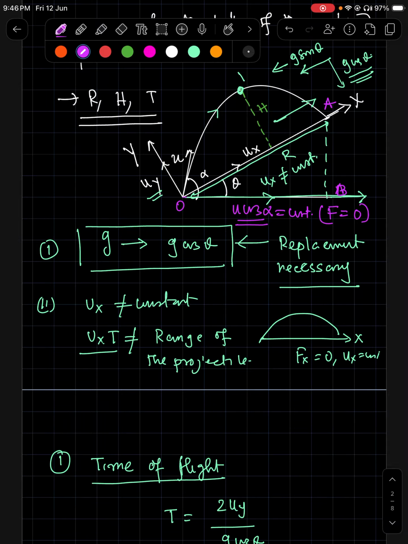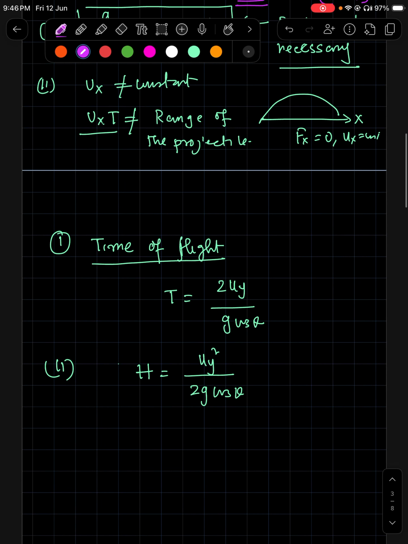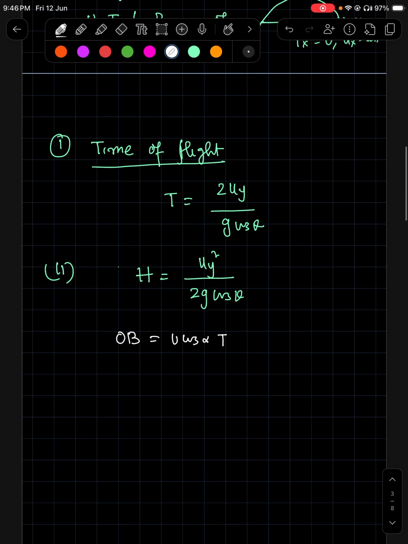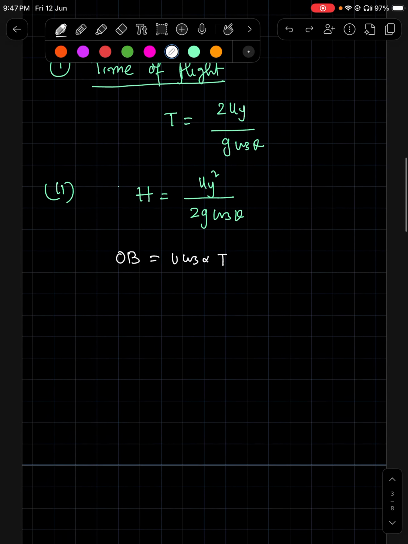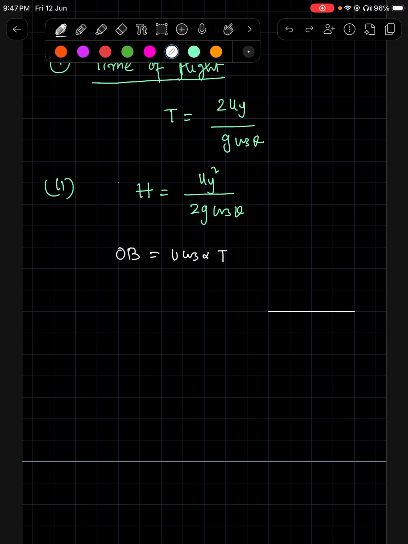So from the triangle AOB, we can write OB is u cos alpha into T. But we have already found T, so we already know OB. From this triangle we can also see that OA is the range. So this is the triangle I am drawing here separately to make you understand better.